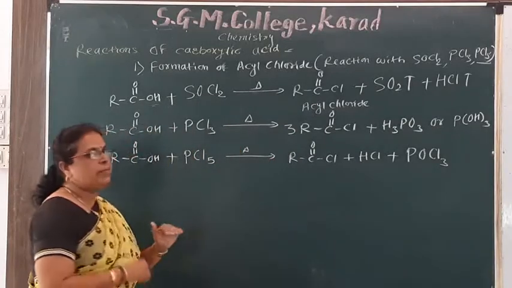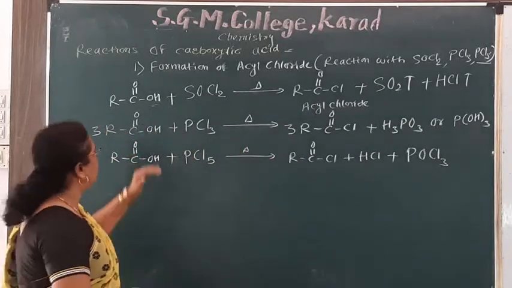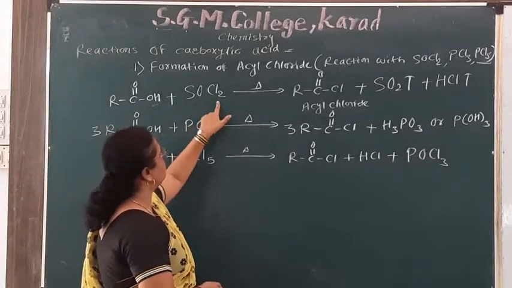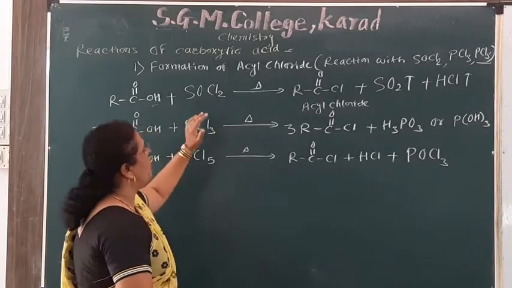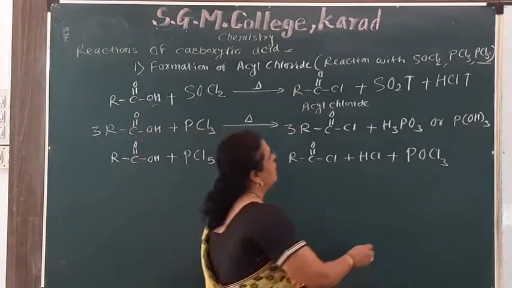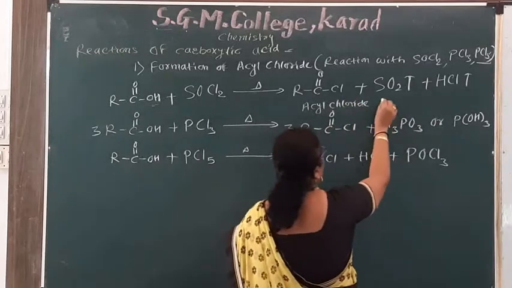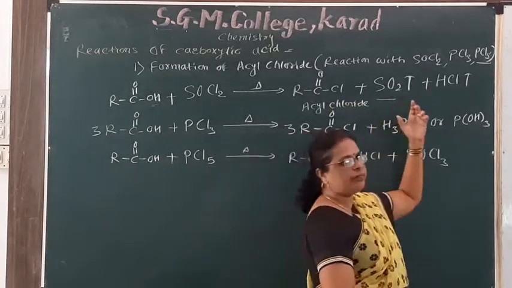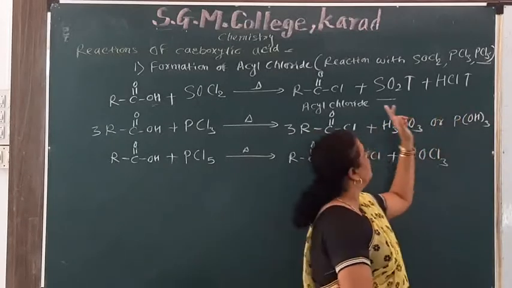Here which is the best reagent to prepare acyl chloride? Here SOCl2 is the best reagent to prepare the acyl chloride, because in this case the byproducts are SO2 and HCl.